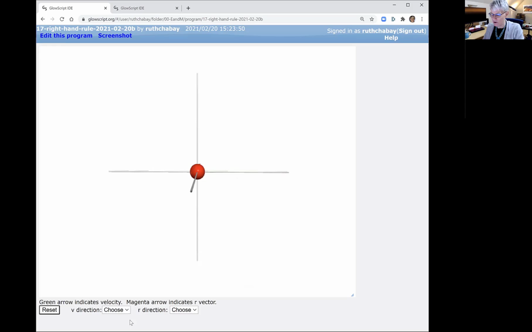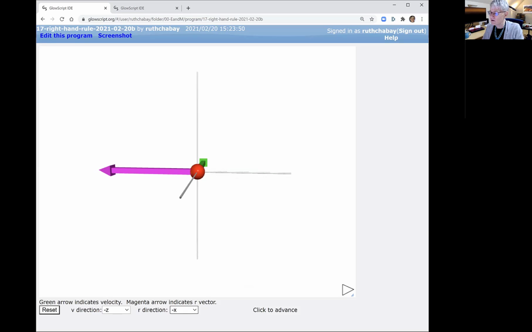Okay, let's try one more. So let's see, V is negative z. So the proton is moving in the negative z direction. The observation location is on the negative x-axis.